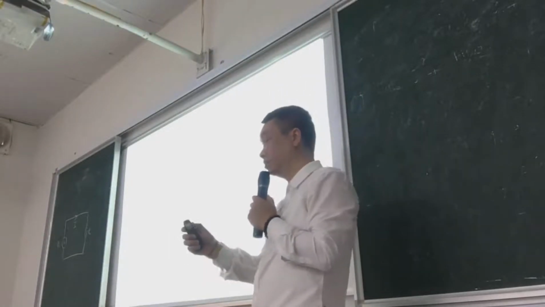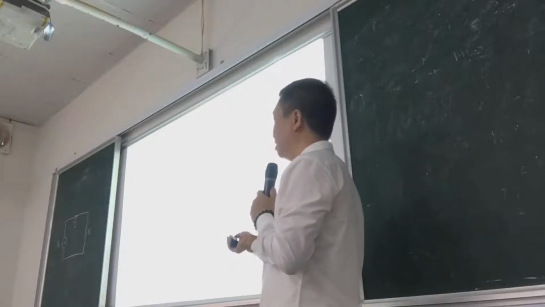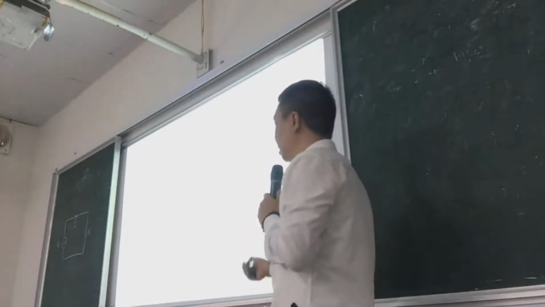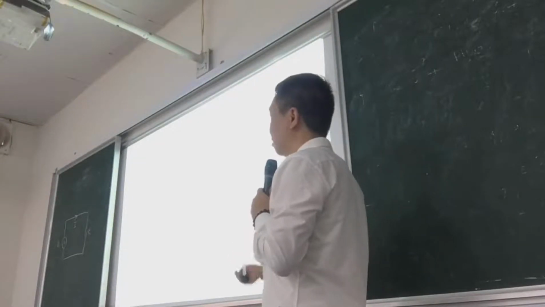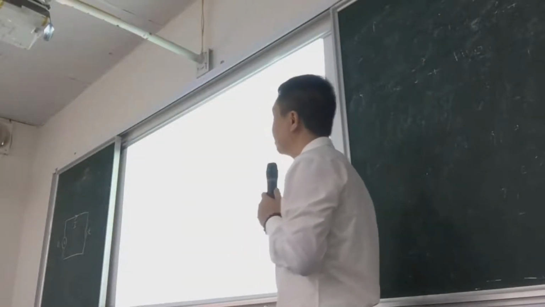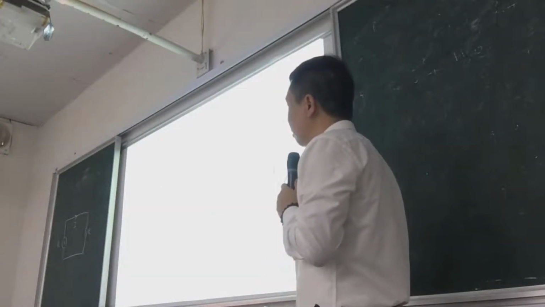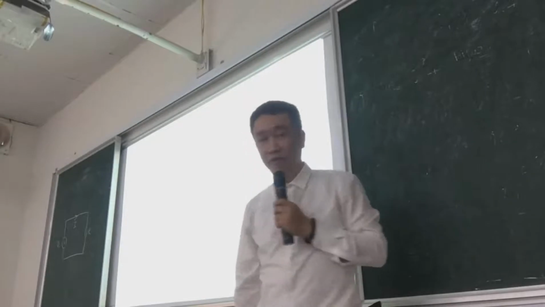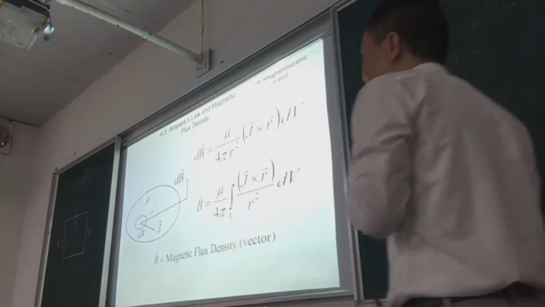When sigma goes to 0, there is no electric current. And perfect conductor, that is superconductivity. Okay, so we finished point number 1, we go to point number 2.